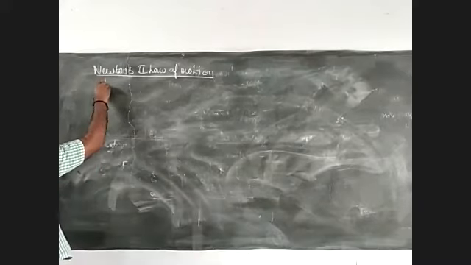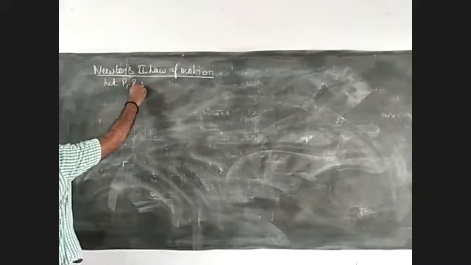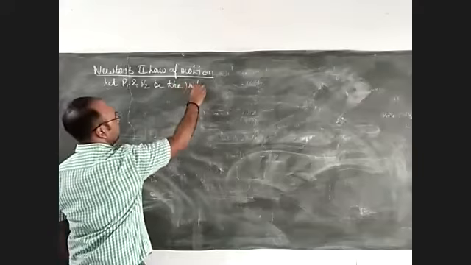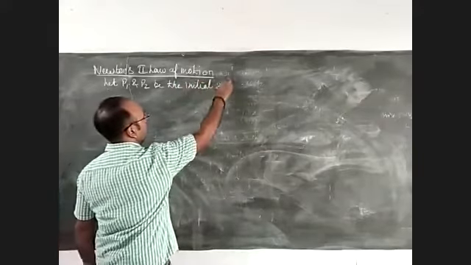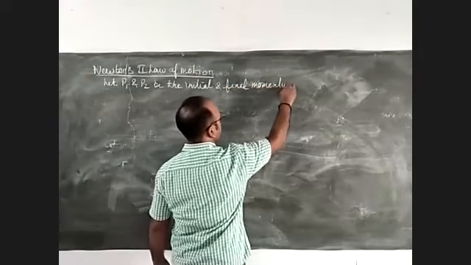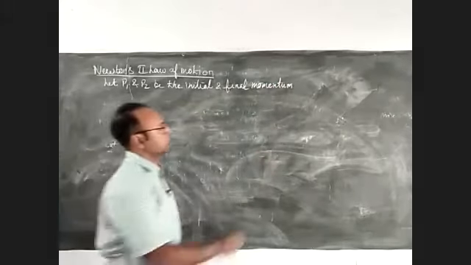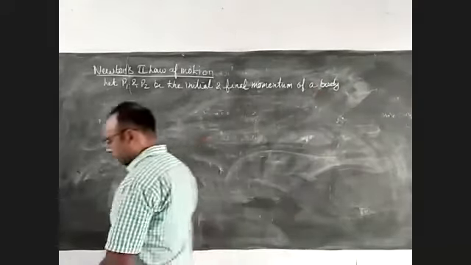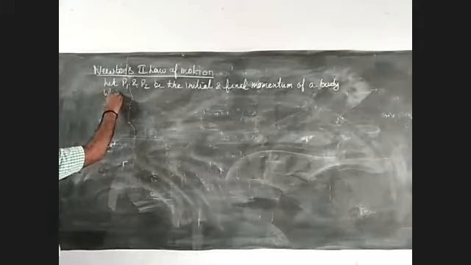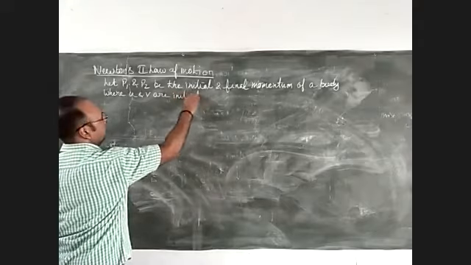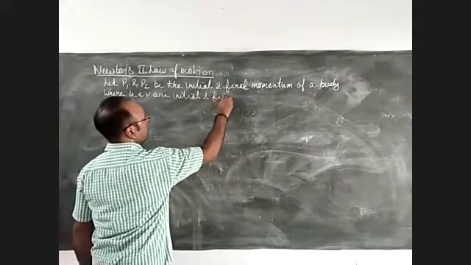For understanding Newton's second law of motion, first of all, we consider let P1 and P2 be the initial and final momentum of a body, where u and v are initial and final velocities.